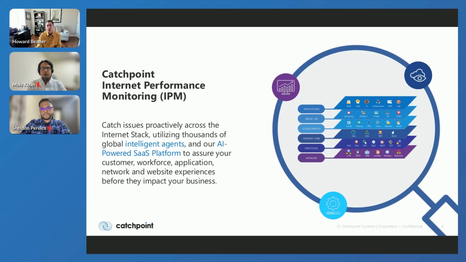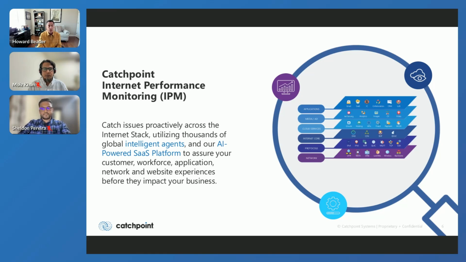On the right, you can see what we call the internet stack. The internet stack is a collection of all of the capabilities from your front-end user all the way back into your application. Think of this as all of your core network services, your CDNs, your DNS, your BGP, your traceroute, all the way back.